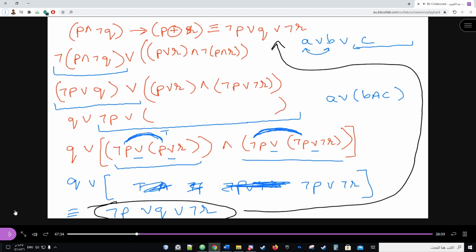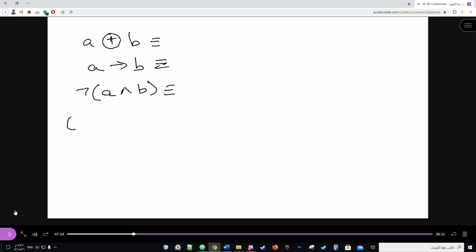Okay, I'll erase this. So the basic rules we used over here, we used the XOR, we used the implication, we used the De Morgan's, and we used the distributive law. Okay, so we are just looking at applying those laws, and then we also used a very simple law.